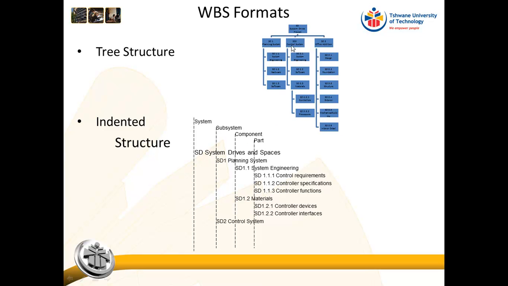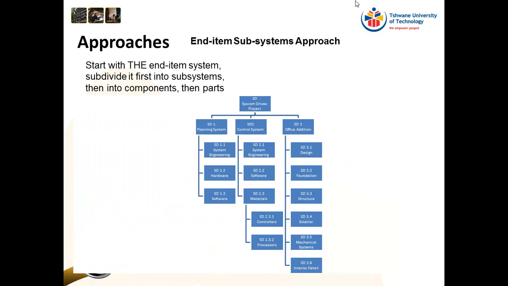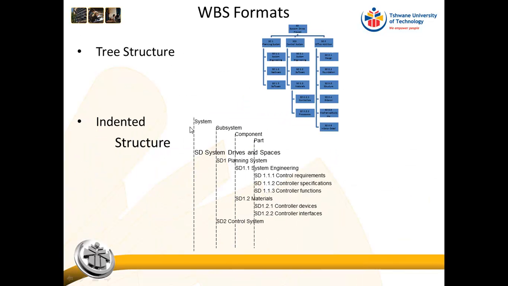So this work breakdown structure that we have at the top here, and take note that that is the same work breakdown structure as is on this page over here, is then at the system level we have the system drives and spaces, then we have the planning system, and here is the control system, and then the system engineering, and then the components of that, the materials and the components of that.